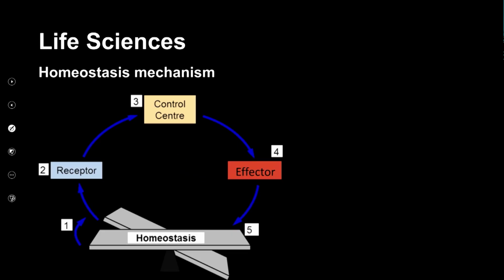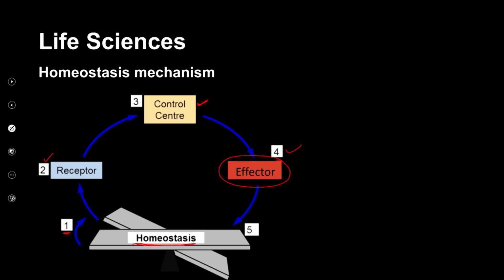Then let's look at how homeostasis takes place. We have step 1 here. We're talking about homeostasis. We need balance. The receptor, remember, will detect the imbalance. And then the control center will respond and send the message to the effector.